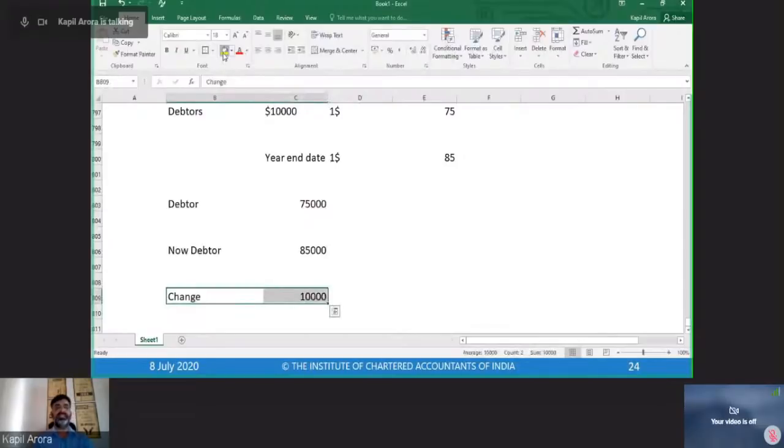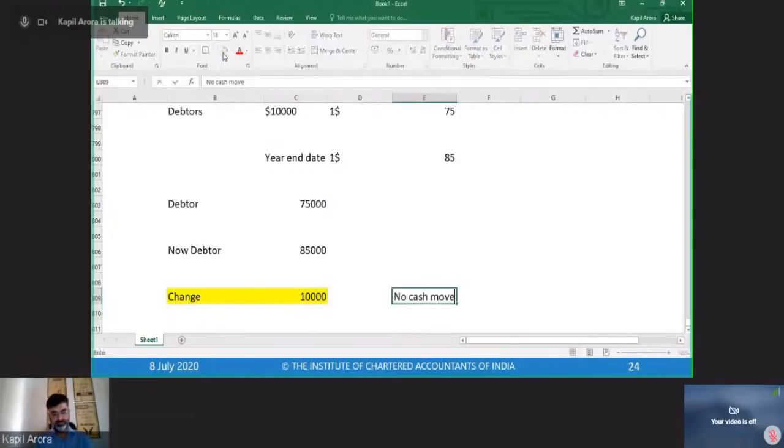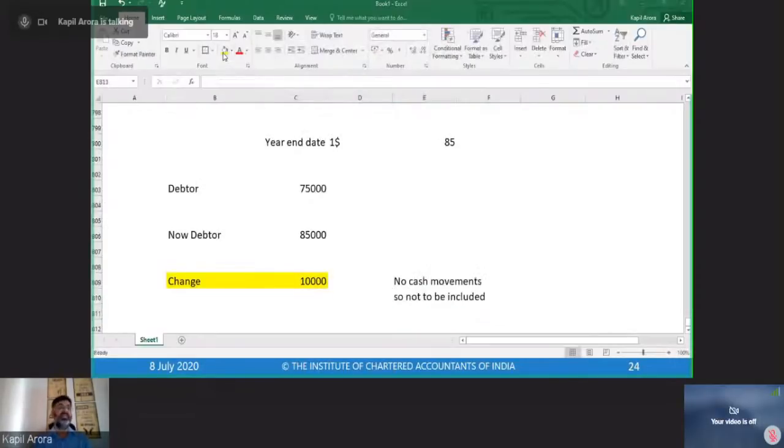Now, is there any cash movement on these debtors? No cash movement, so it is not to be included. There is no cash movement because the debtor value has changed for one single reason: the exchange rate, which was 75 earlier, has moved to 85 now.